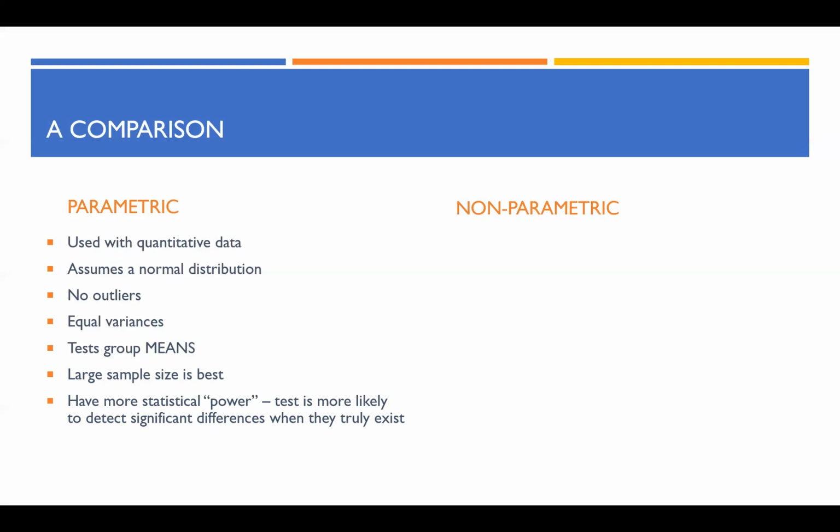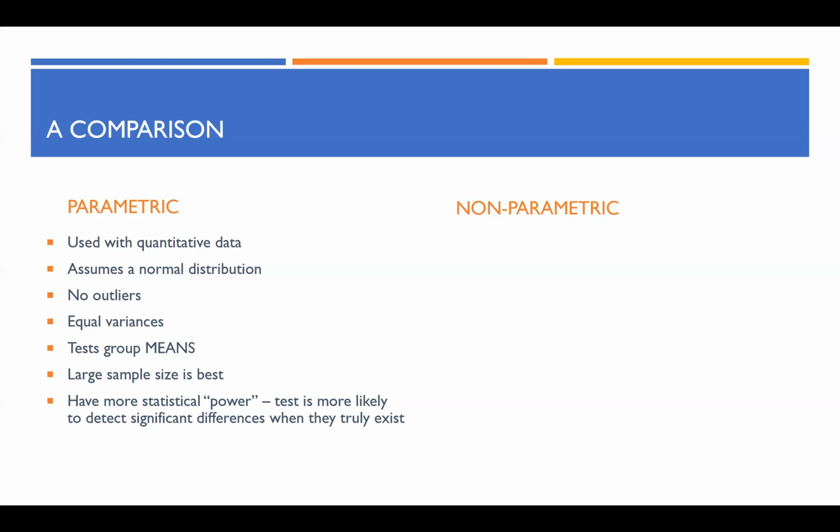To me, what that means is that the test is more likely to detect the significant differences when they actually truly exist. It's basically saying it's going to hit the target more times. It's more likely to hit the target than a non-parametric. So it has more statistical power.